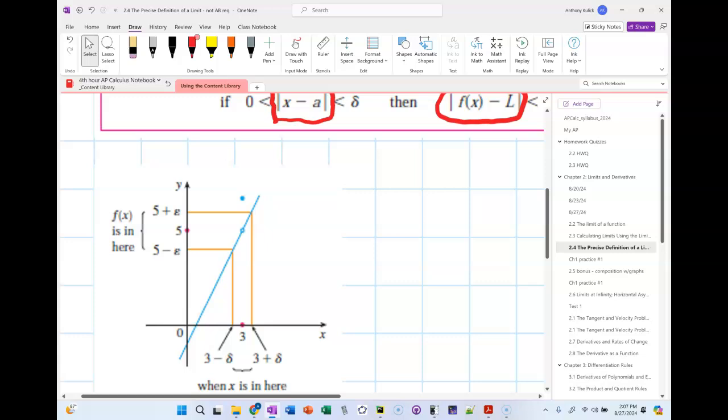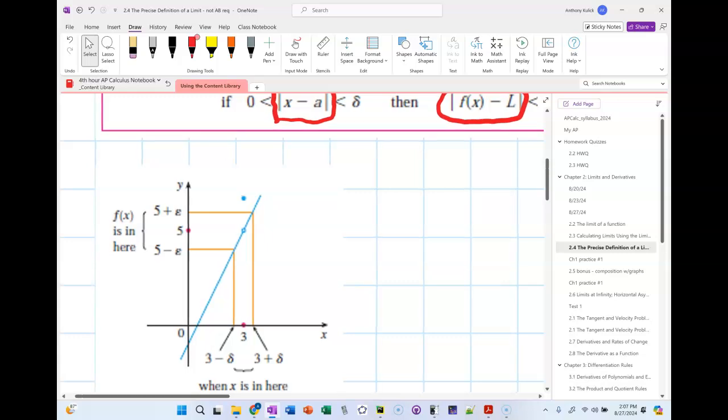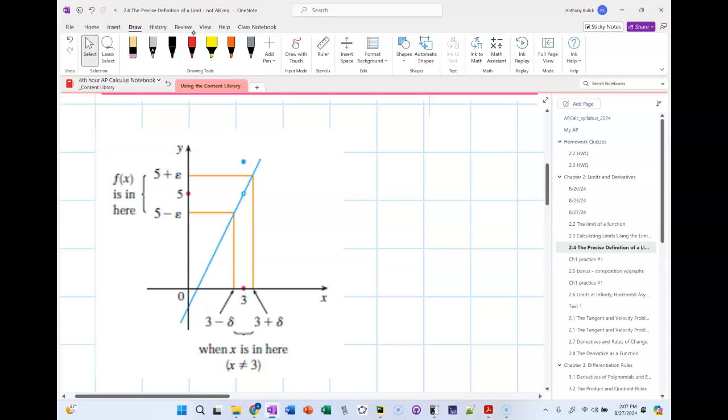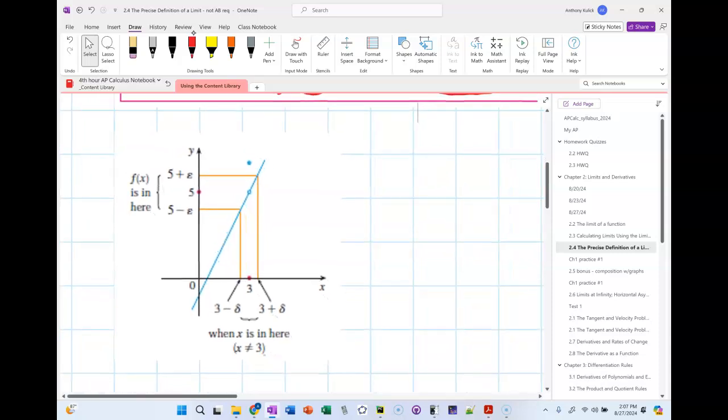So if I look here, what we've drawn here is the interval that is delta away from a, right?